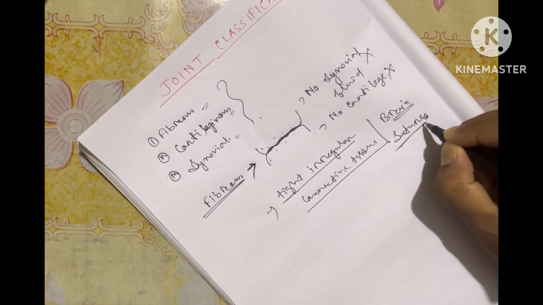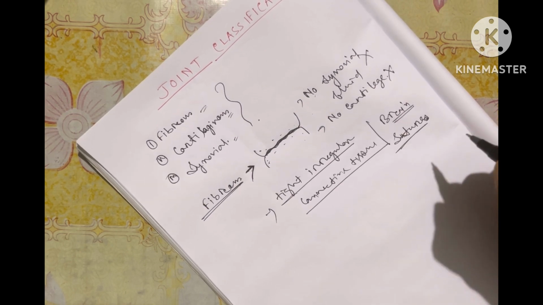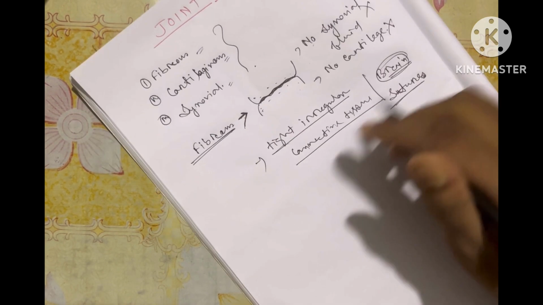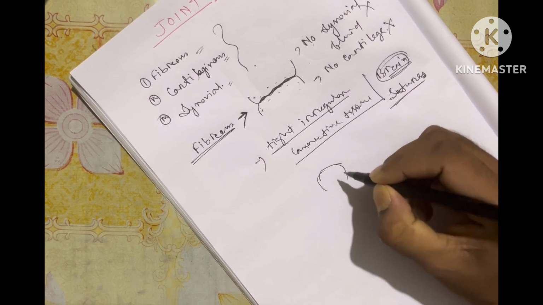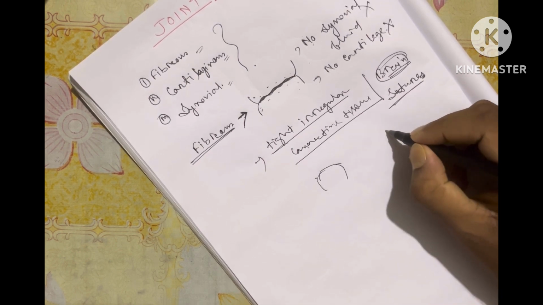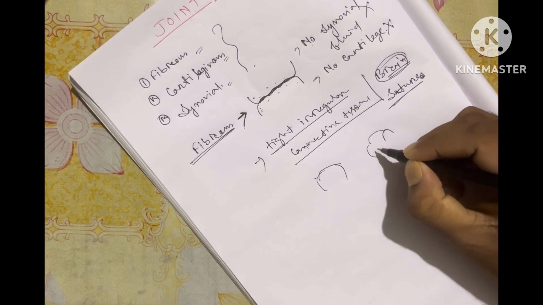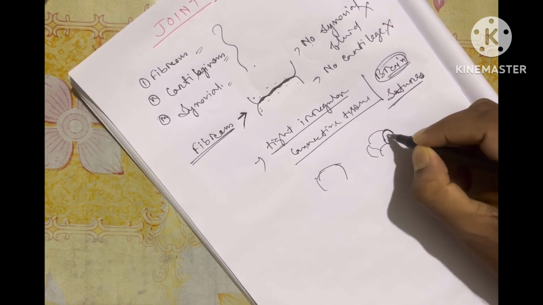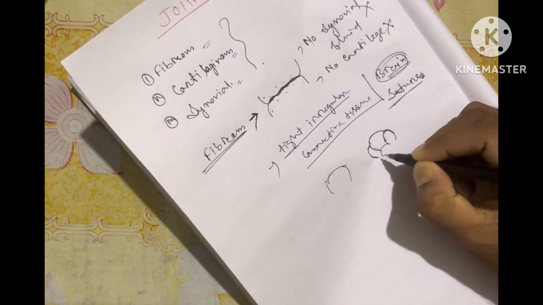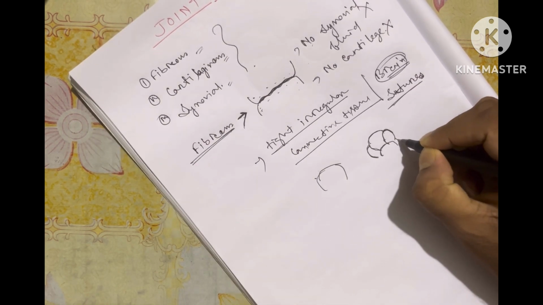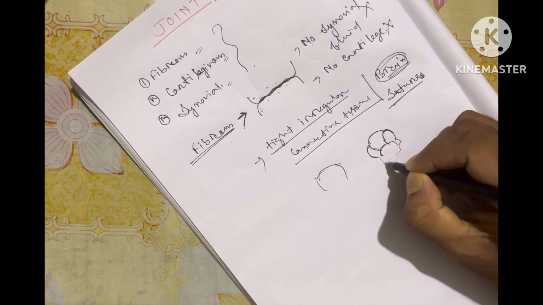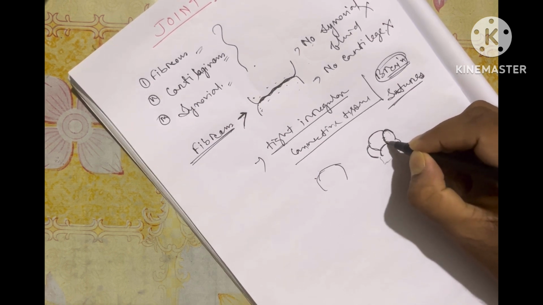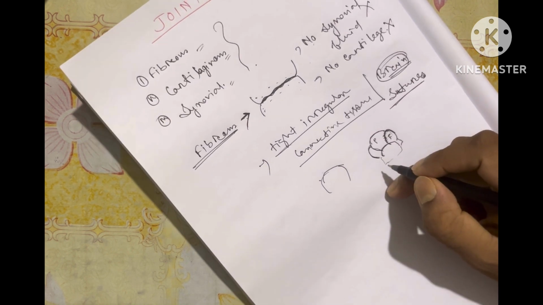For example, this is the temporal bone, this is the parietal bone, this is the occipital bone, and this is the frontal bone. Between parietal and frontal we have frontal sutures.